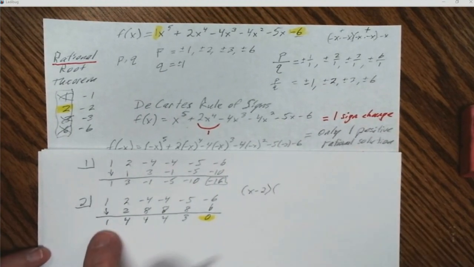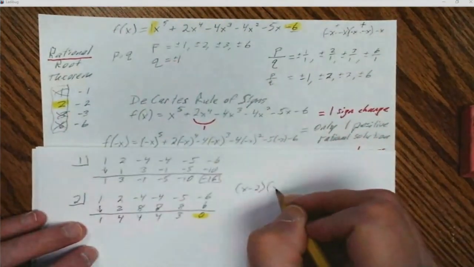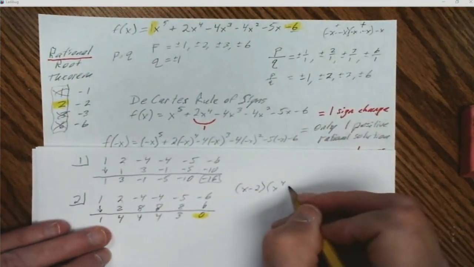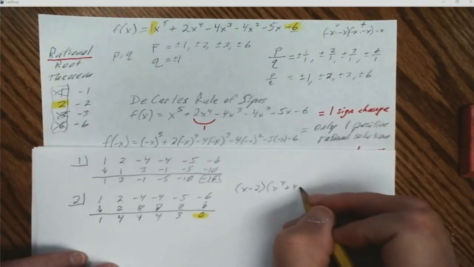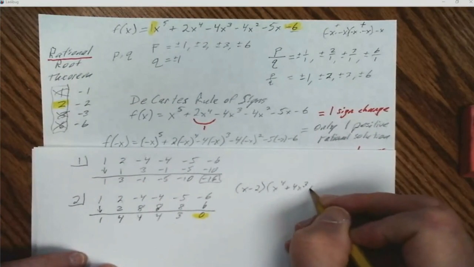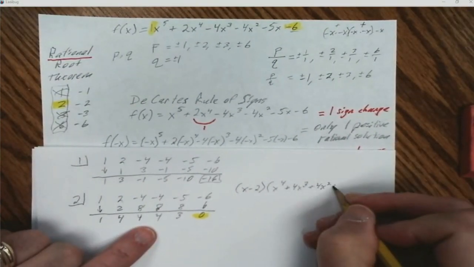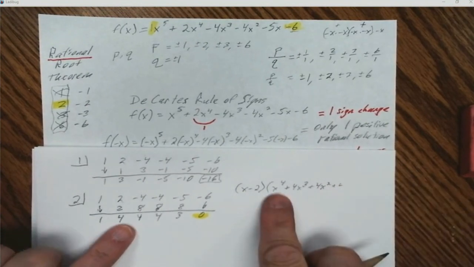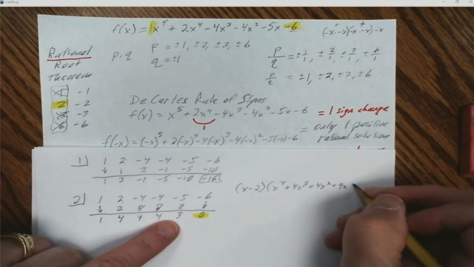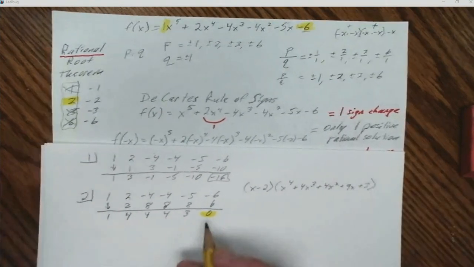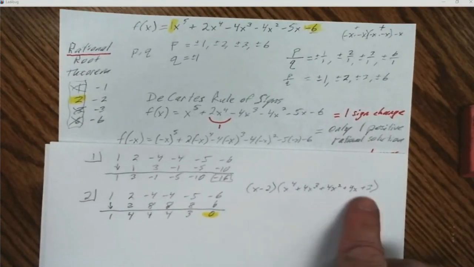And if we factor it out, since we started with an x to the 5th, we get 1x to the 4th, positives all the way across now, plus 4x to the 3rd plus 4x squared plus 4x plus 3, and a remainder of 0. So if we factor out the x minus 2, that leaves just this.